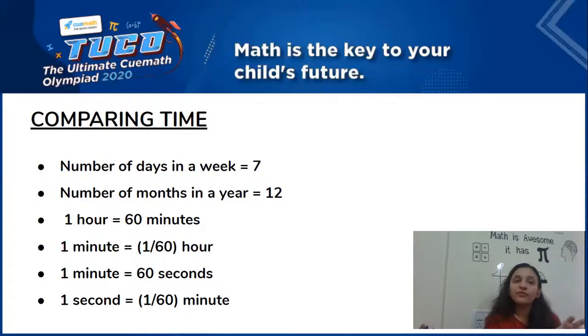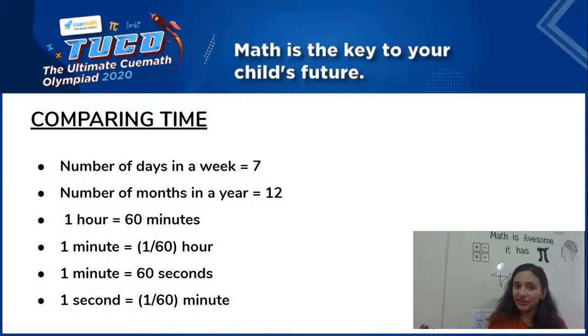And when we are going from a smaller measuring unit to a bigger measuring unit, we would do division. So 1 paisa is smaller than 1 rupee. If you're going from 1 paisa to a rupee, you would do division, and that's how we get 1/100th of a rupee. Same way with a minute.